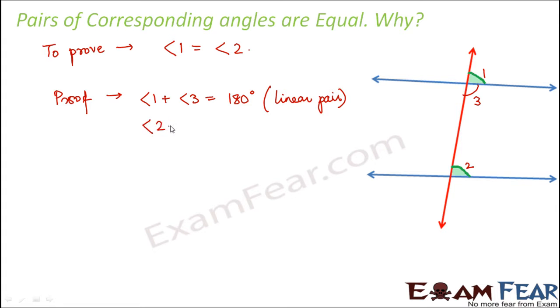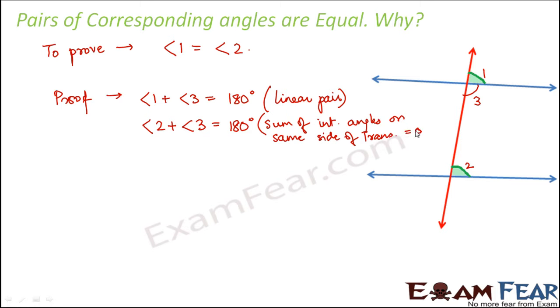Similarly, we can say that angle 2 plus angle 3 is equal to 180 degrees. Why is that? This is what we had proved just in the last slide. This is because the sum of interior angles on the same side of the transversal is 180 degrees.